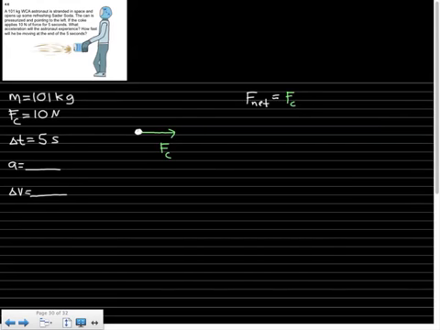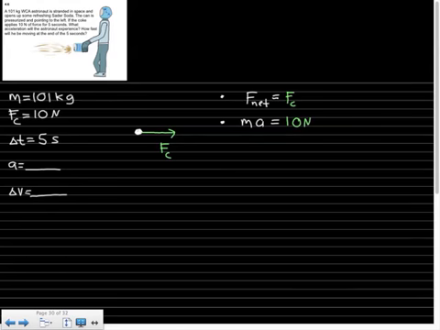So you always do that. Your first step is purely symbolic. Your next step is to start opening up the symbols to see what's inside. What's inside of net force? The mass of the system times the acceleration of the system. That's going to equal what's inside the force of the Coke can, which is 10 newtons.